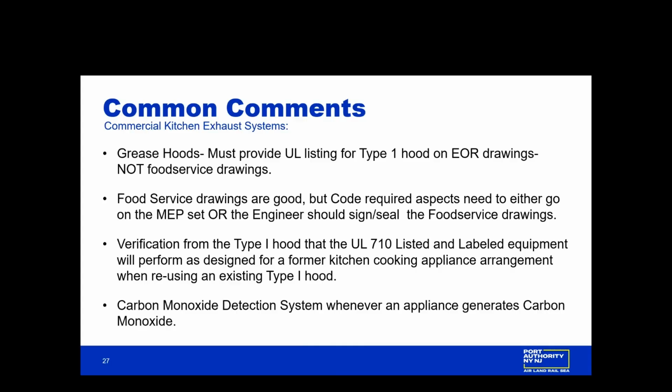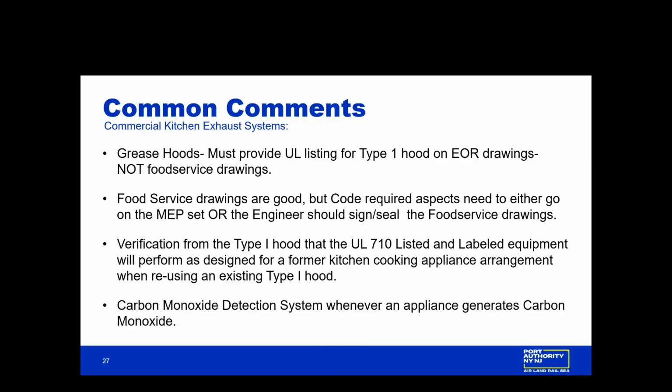Verification from the type 1 hood that UL 710 listed and labeled equipment will perform as designed for a former kitchen cooking appliance arrangement when reusing an existing type 1 hood. Some designers have been using existing hoods, and they're UL 710 listed and labeled, but that was for that particular setup.